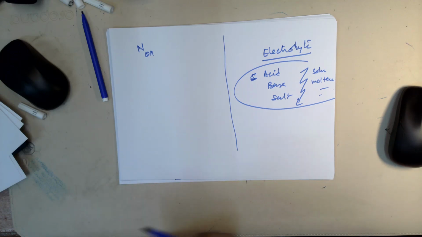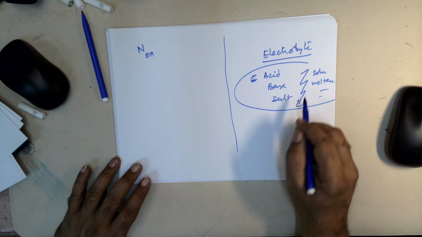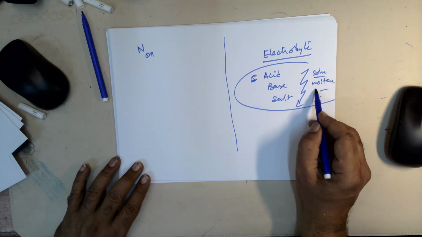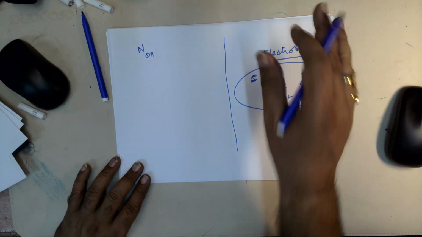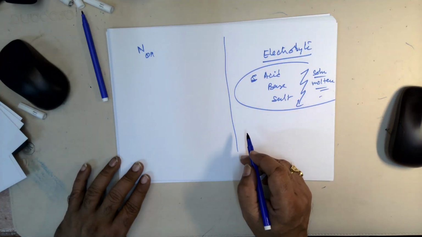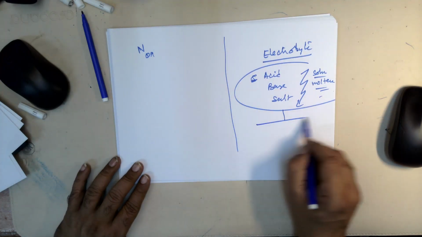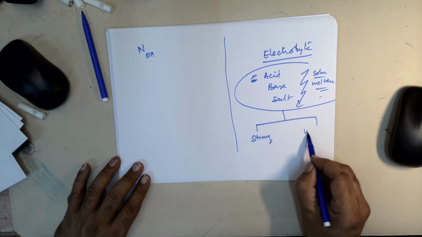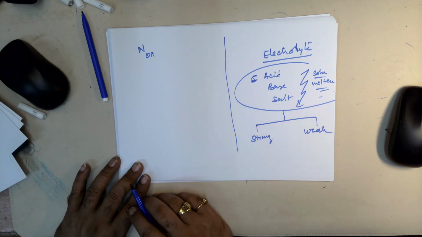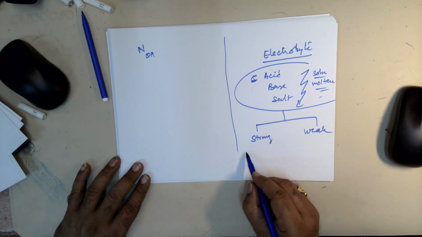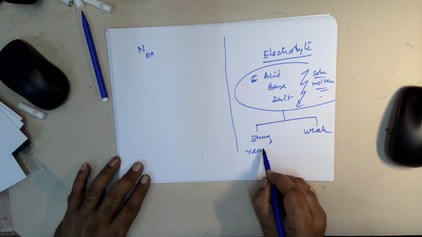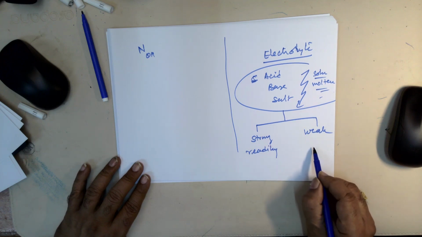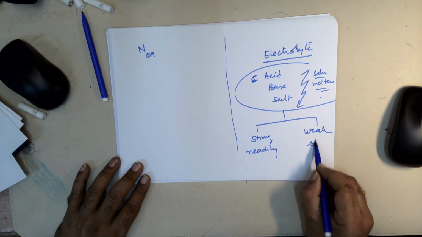This can further be classified into strong electrolyte and weak electrolyte. Strong electrolytes readily ionize, whereas weak electrolytes do not readily ionize, only very slowly.